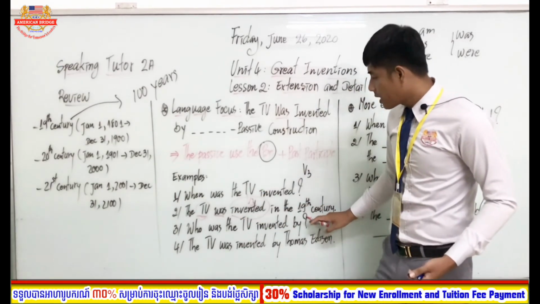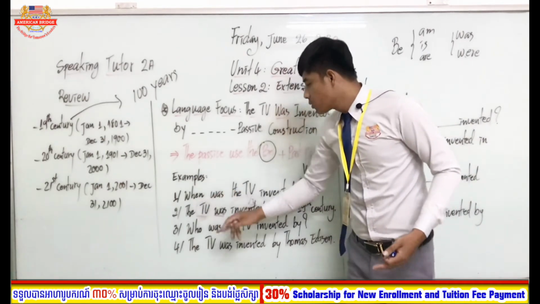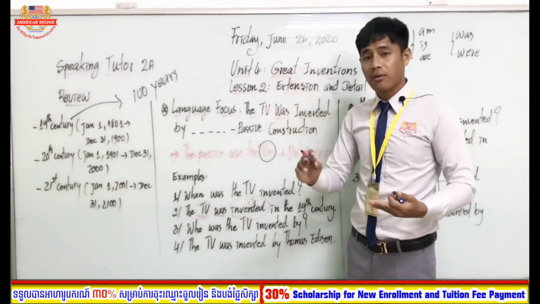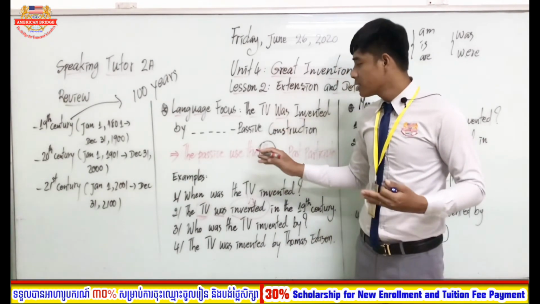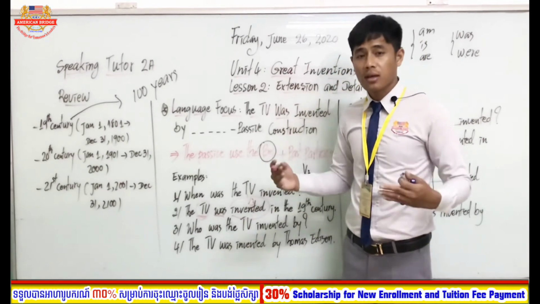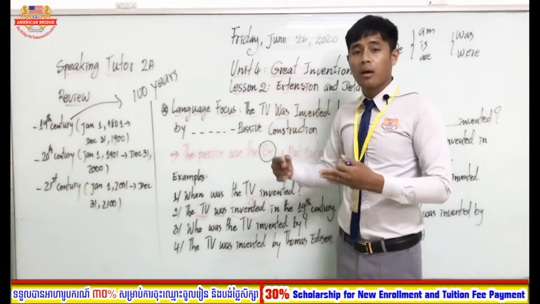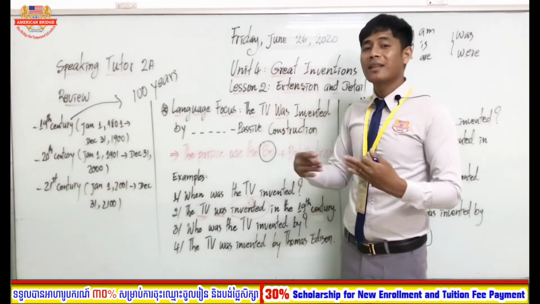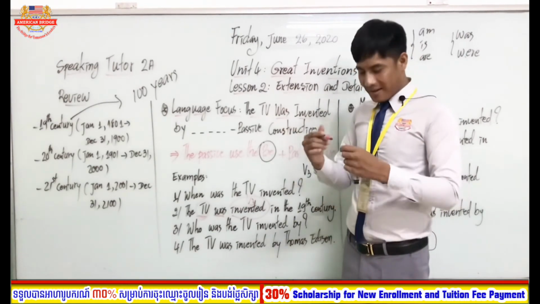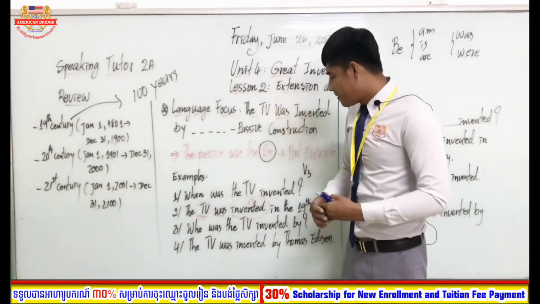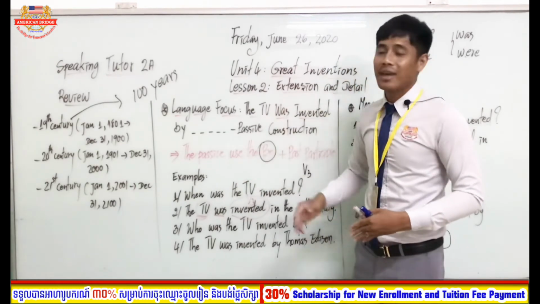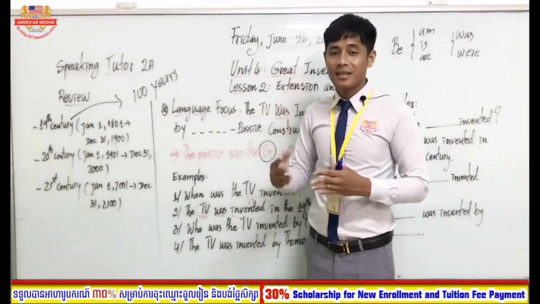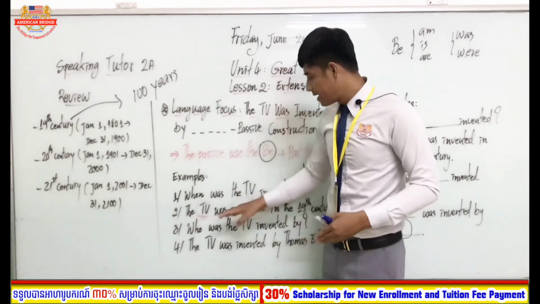So what was invented? TV. The TV is affected by the action of inventing. Again, we use passive voice because we want to focus on the people or things affected by the action.